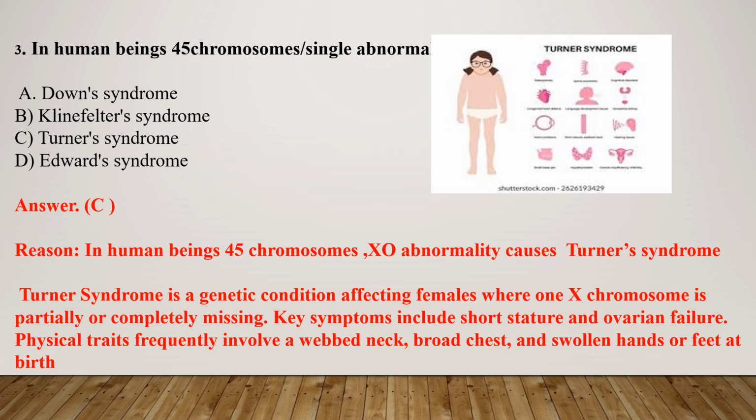Turner syndrome is a genetic condition affecting females where one X chromosome is partially or completely missing. Key symptoms include short stature and ovarian failure. Physical traits frequently involve a webbed neck, broad chest, and swollen hands or feet at birth.